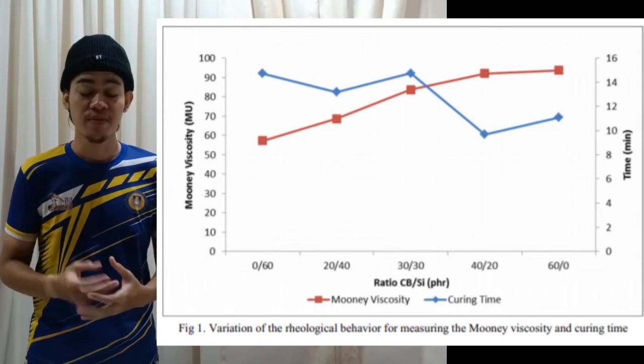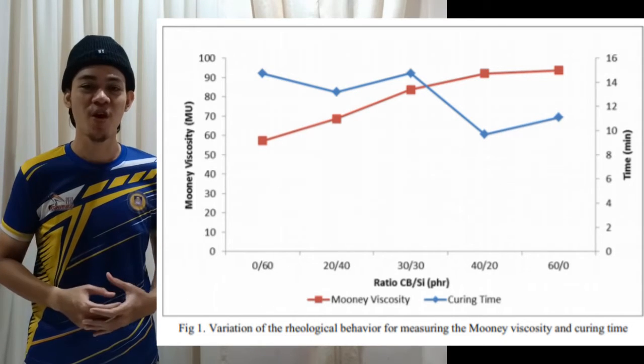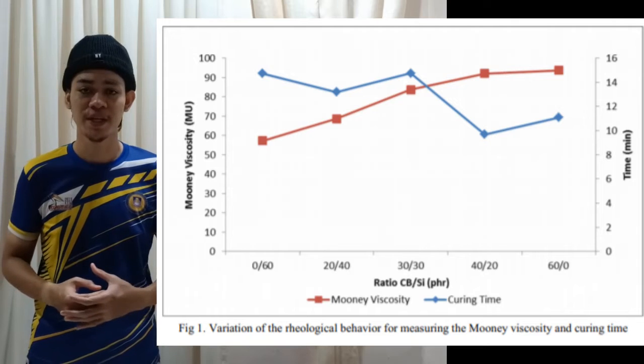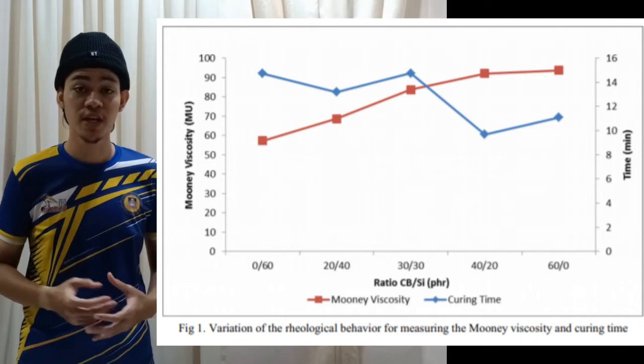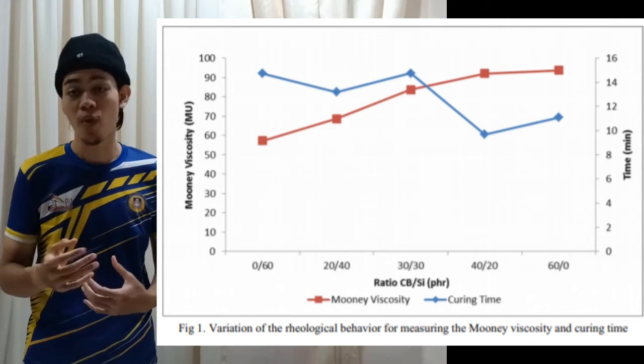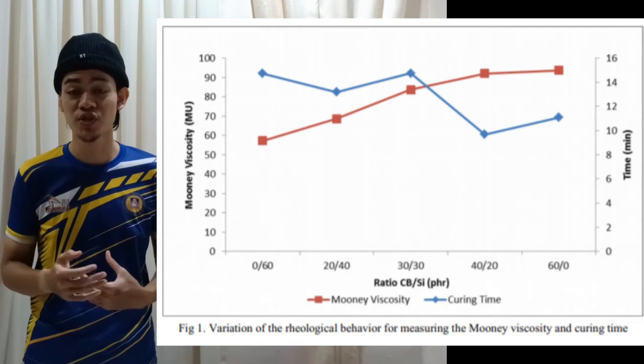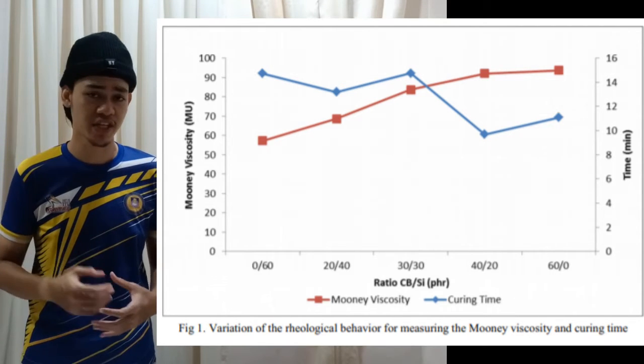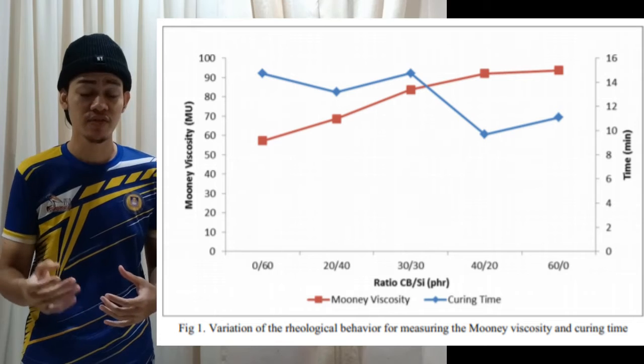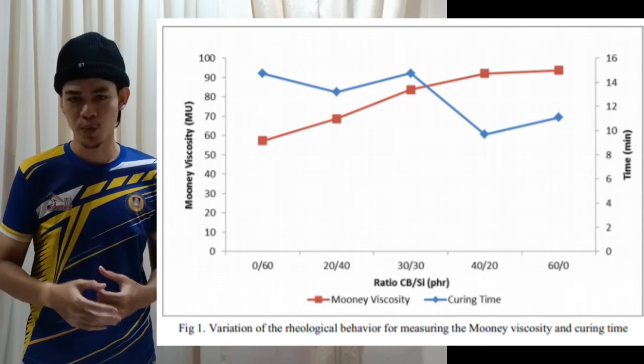From the graph, at 0/60 ratio of carbon black over silica loading, Mooney viscosity value is at 58, while at 60/0 ratio of carbon black over silica loading, Mooney viscosity value is at 92.